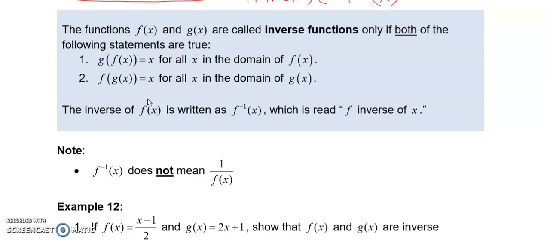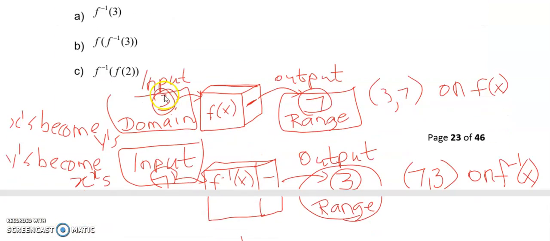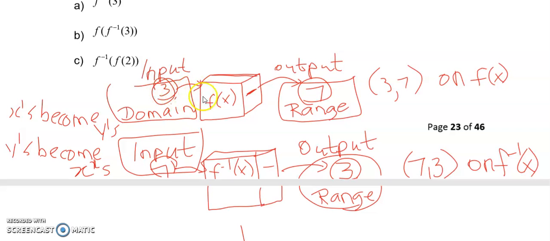All right? Because think about it, they undo each other. One undoes what the other one does. So obviously you're going to get back what you started with. Down here in this simple diagram, we started with a 3, we put it into our function, we got something back, but when you take that something and put it into your inverse, you get back the 3, which is exactly what you started with.